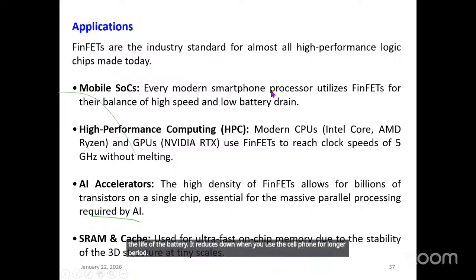After 2 years, 3 years, 4 years, the battery used to drain out very quickly. That problem is now effectively reduced because of the FinFET. The cell phones are made up of FinFETs. The battery drain is not a big problem at this moment.